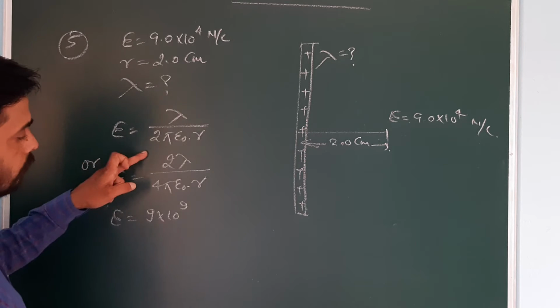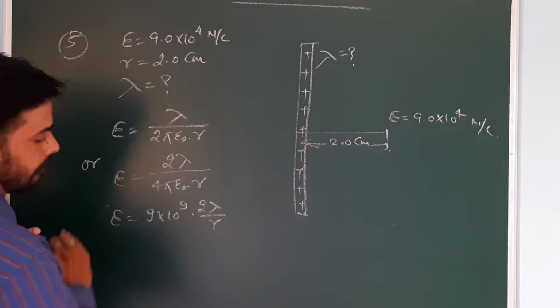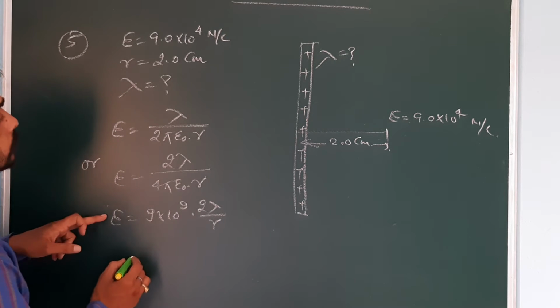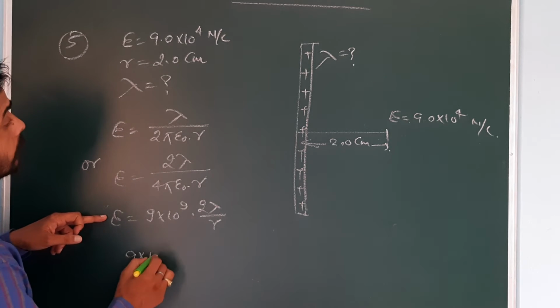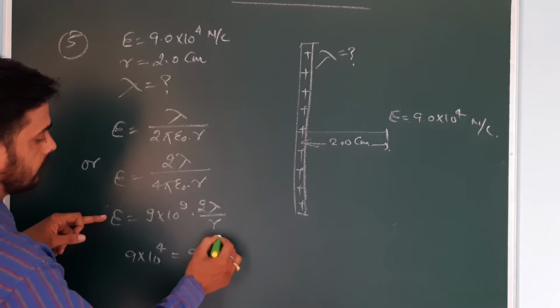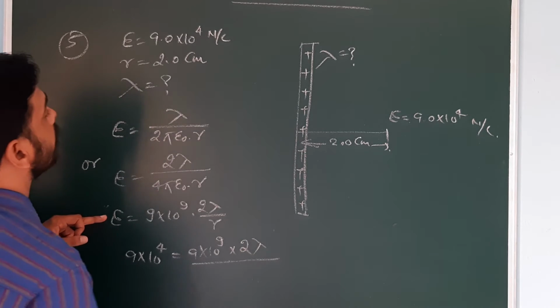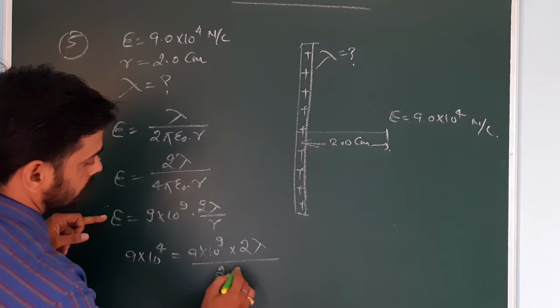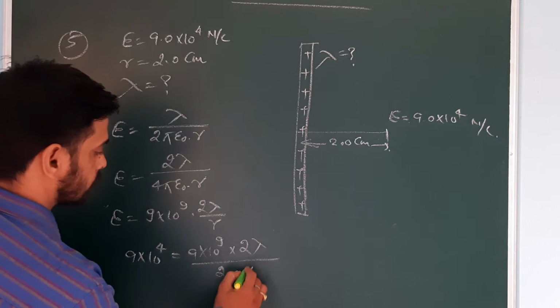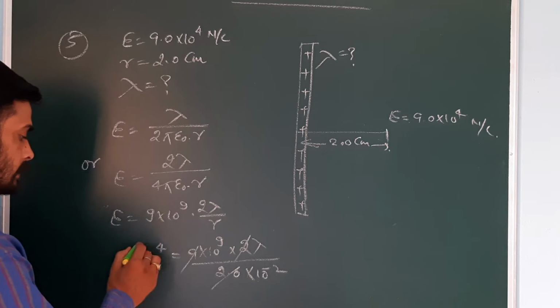Now put the value. E is 9 into 10 power 4, equals 9 into 10 power 9 into 2 lambda by R, where R is 2 centimeter, so 10 power minus 2. The 2 and 9 get neglected.